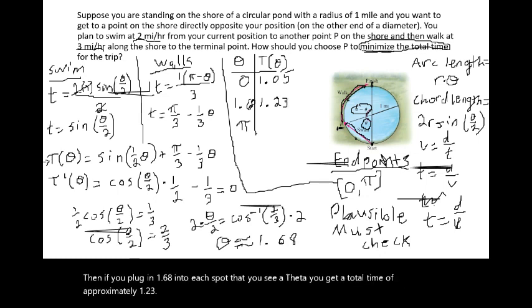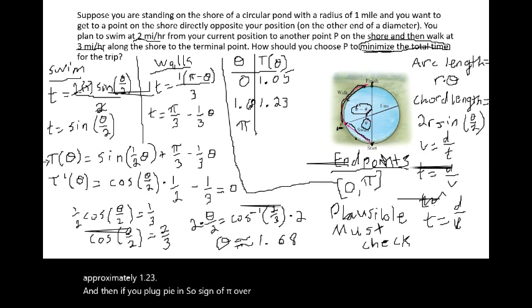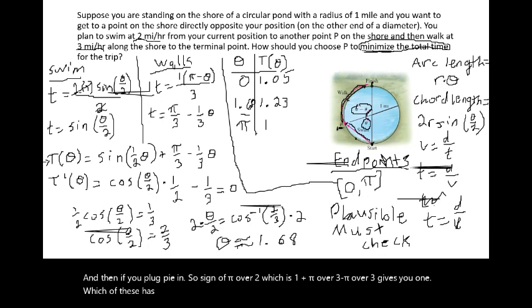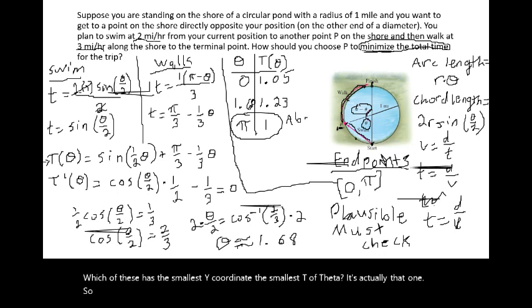And then if you plug pi in, so sine of pi over 2, which is 1, plus pi over 3 minus pi over 3 gives you 1. So which of these has the smallest y-coordinate, the smallest t of theta? It's actually that one. So the absolute minimum here is this pi comma 1.